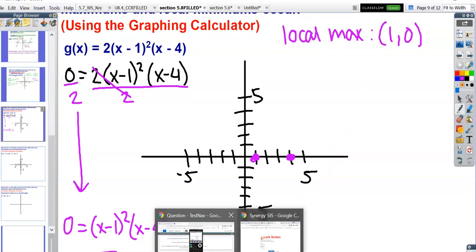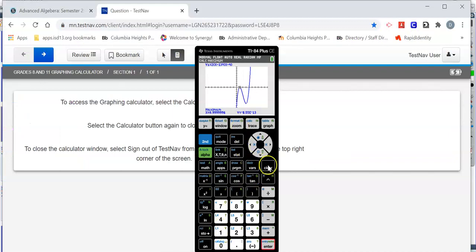Then we're going to calculate the local minimum. Exact same process. I'm going to hit clear, second, calc. It's just this time we want to select minimum instead of maximum. Get very, very close to that minimum point and hit enter. Keep going, and then once you turn around and start going back up, you can hit enter again and then get an estimate. So here again, 3 point, a whole bunch of zeros and a 5. That's probably 5, but just due to rounding and estimation, that's why we get all those zeros.